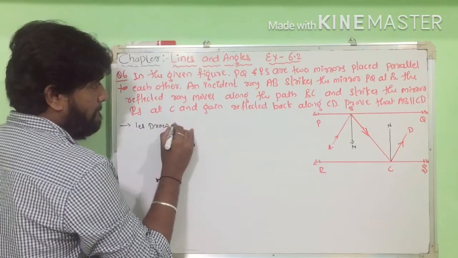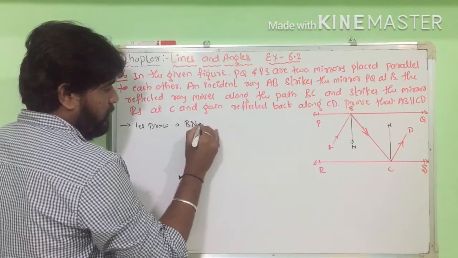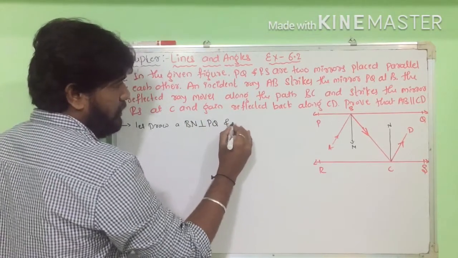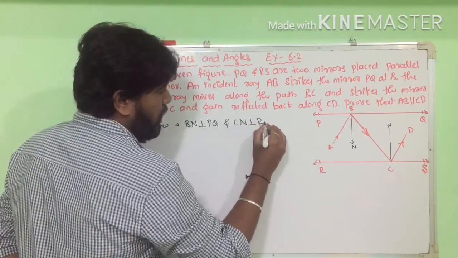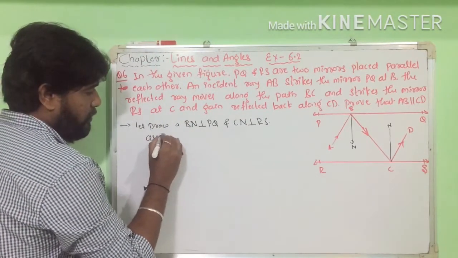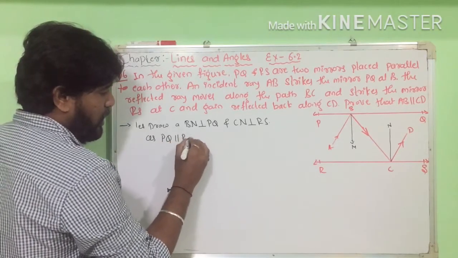So write down here: let us draw BM perpendicular to PQ and CN perpendicular to RS. As given, PQ is parallel to RS.